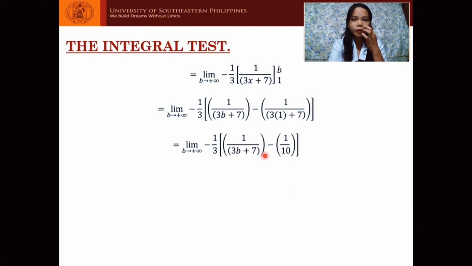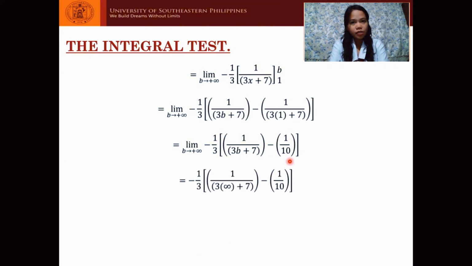Right after that, we can now apply the limit. So we apply the limit: negative 1/3 multiplied by the difference of 1 over 3 multiplied by infinity plus 7, minus 1 over 10. As you can see here, 3 multiplied by infinity is infinity, plus 7 is infinity.